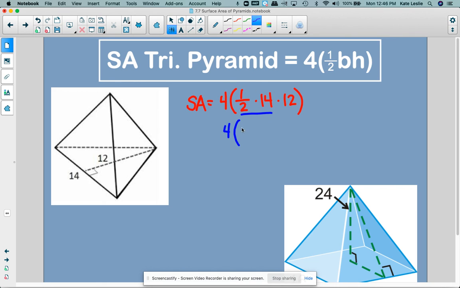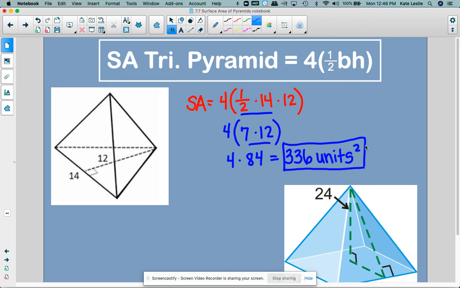So half of 14 is 7. 7 times 12 is 84. And 4 times 84 is 336. And since there's no unit of measure, we typically just write units squared.